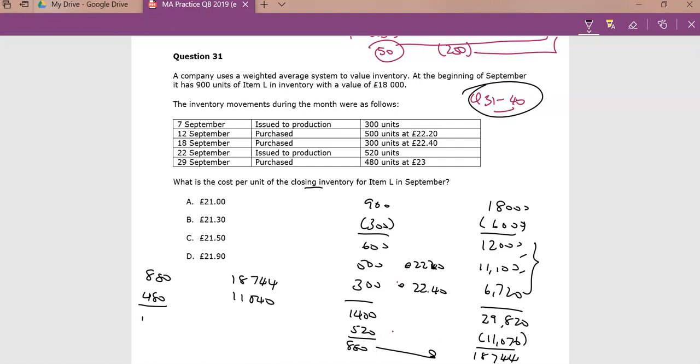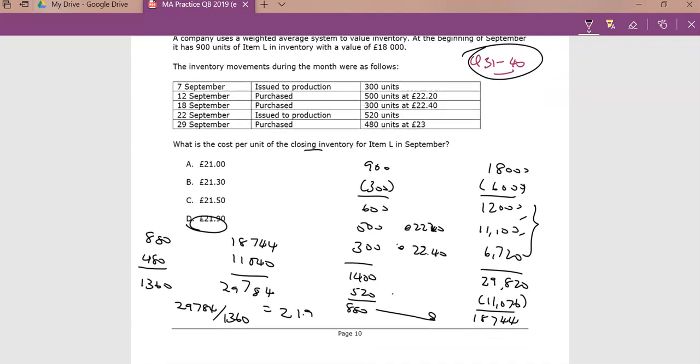And so now you have a total of 1,360 items, and the total there comes to 29,784. And so the question is asking, what's the value of one of these units? That's 29,784 divided by 1,360. When you do that, that takes you to a nice 21.9. So that's question 31.